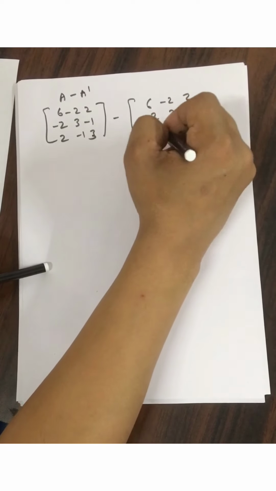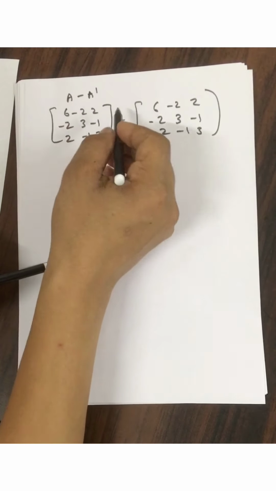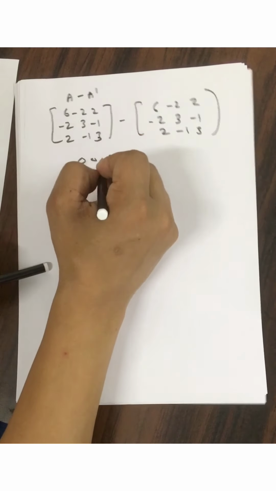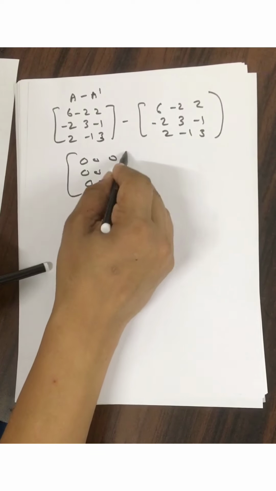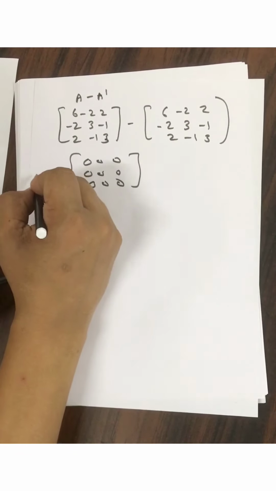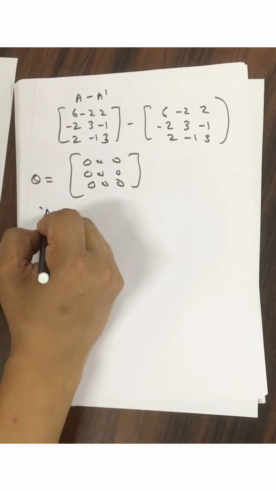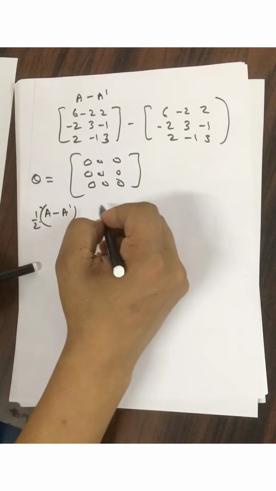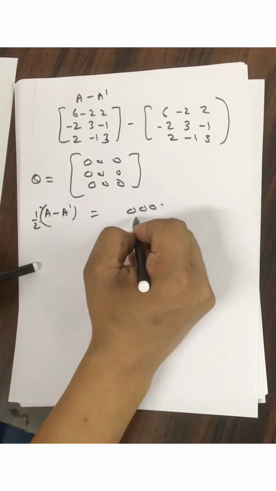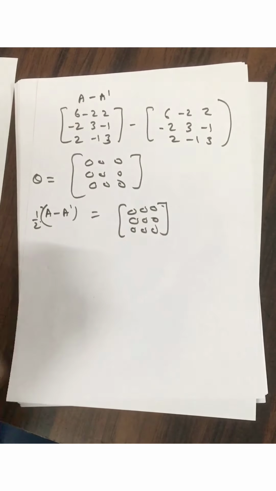Now see, the 6 minus 6 all will come 0. Yes, this is coming all 0. This is Q, suppose. So A minus A dash, if you divide by 2, then also this will come all 0. Yes, so this is Q.